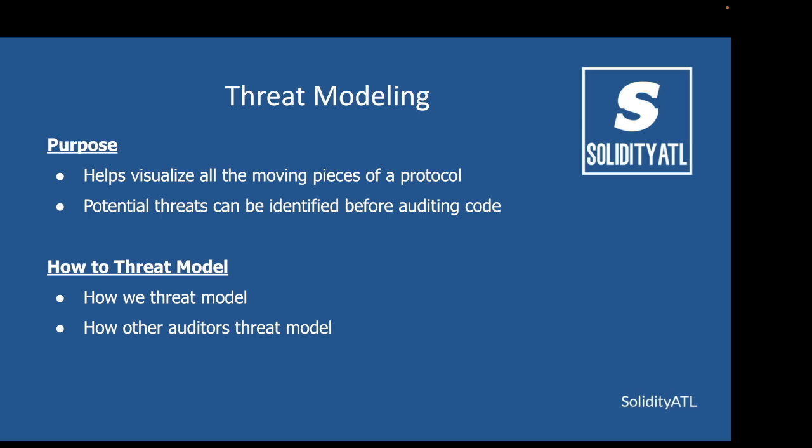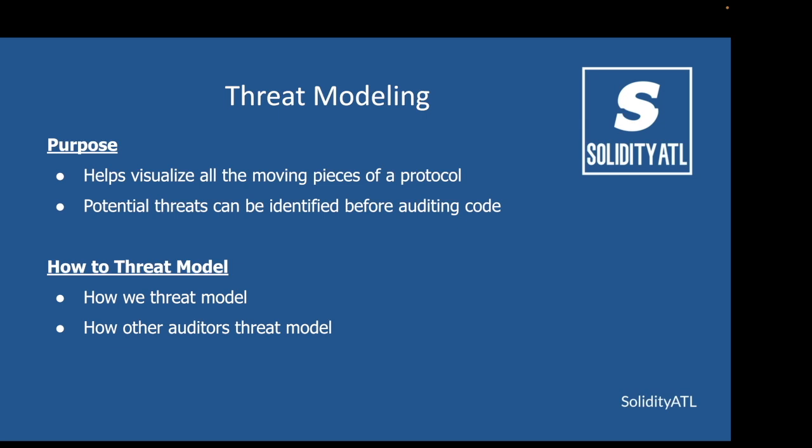Some of the goals with threat models is you want to understand all the different actors in a protocol. So there could be users, there could be admins, there could be liquidity providers, all with access to different methods in a contract with different levels of trust assumptions.